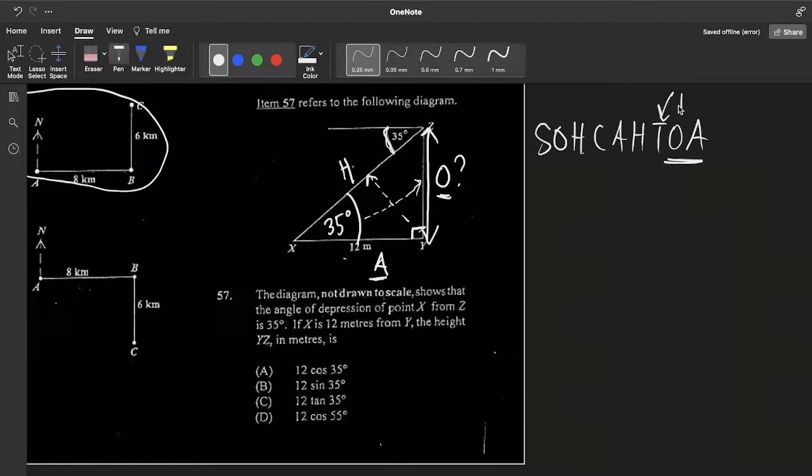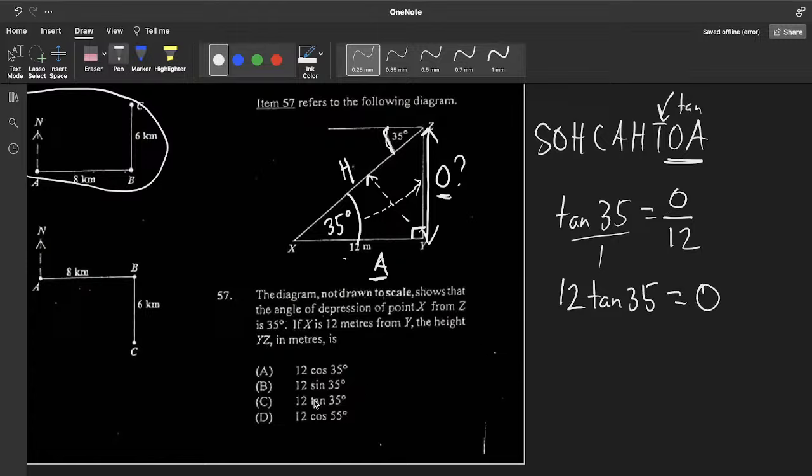T. So basically we could say that tan angle, in this case tan 35, is equal to the opposite, which is what we're trying to figure out, over the adjacent, which is 12. So if we cross multiply, we end up with tan 35 times 12, which is 12 tan 35, and that's equal to O. So our answer is 12 tan 35.